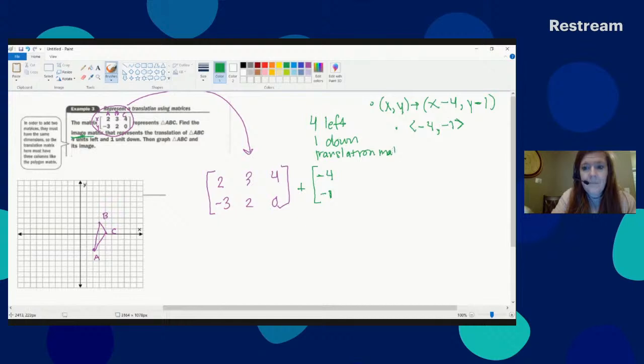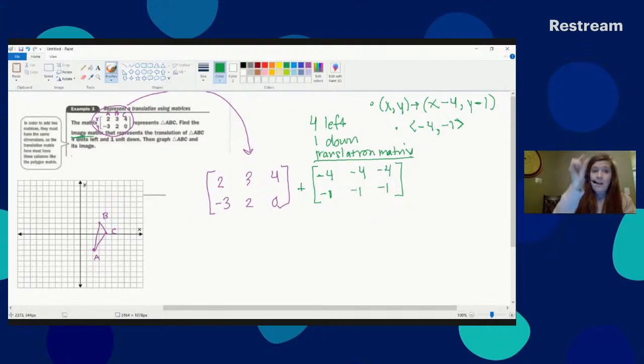Now, the other thing I just taught you was that if you want to translate something, if you want to add 2 matrices together, they have to be the same size. And this matrix right here is a 2x3 matrix. So guess what? This one has to also be a 2x3 matrix so that I can add it together.